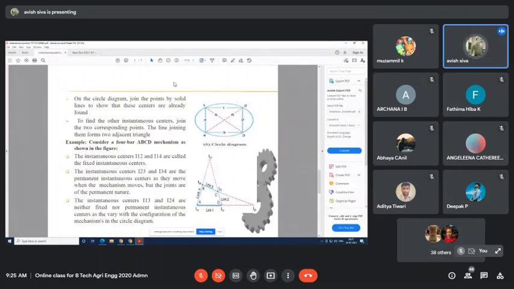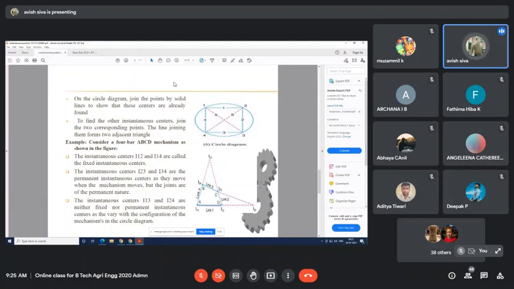So instantaneous centers for a mechanism are of the following types. First is fixed instantaneous center. Second is permanent instantaneous center. And third is neither fixed nor permanent instantaneous center.